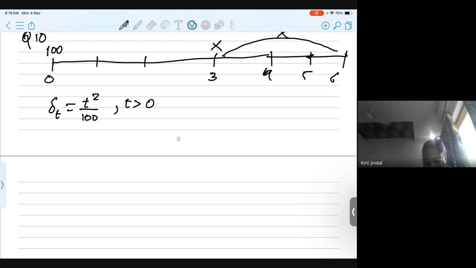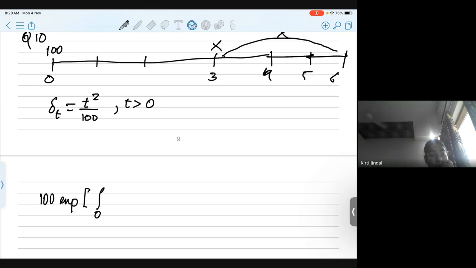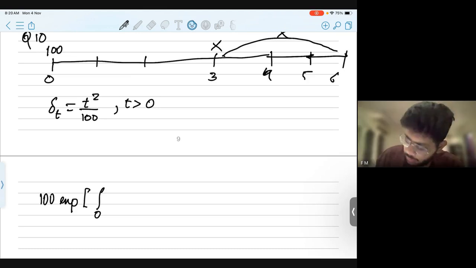100 को पहले accumulate करेंगे, exponential 0 to 6 delta t, plus x को भी accumulate करेंगे. No, that will not work.